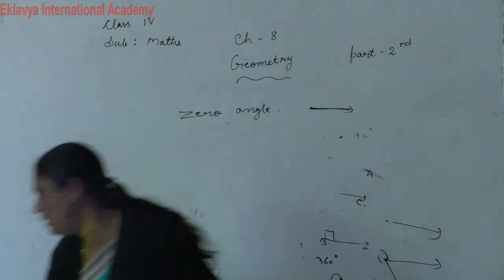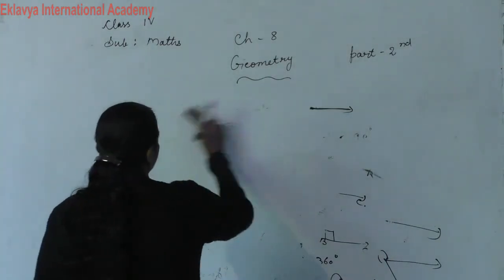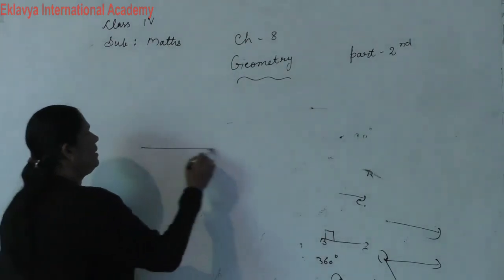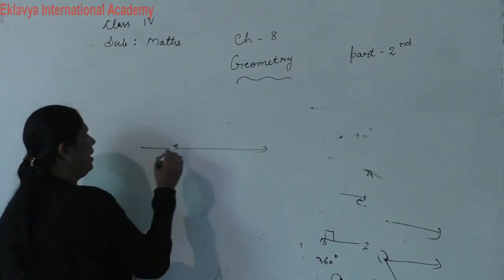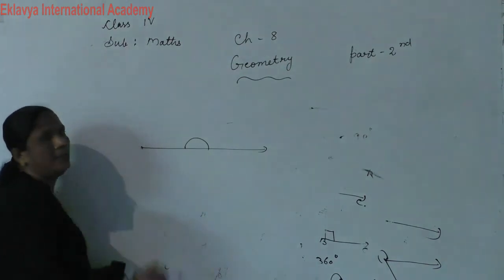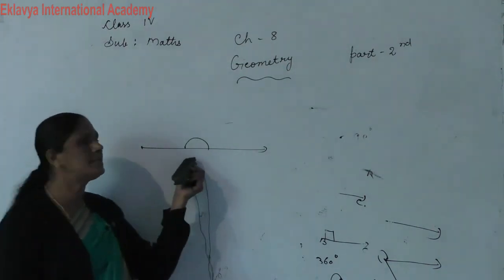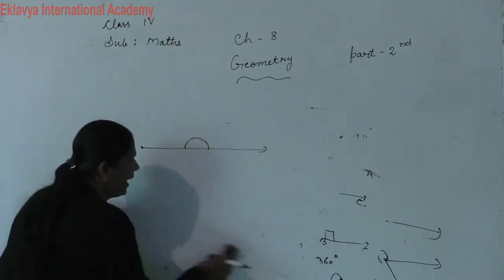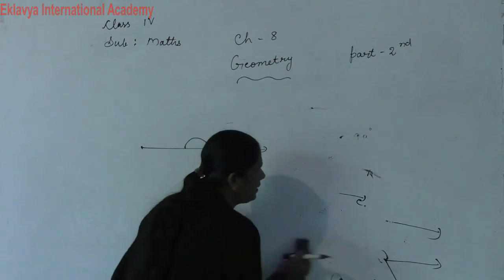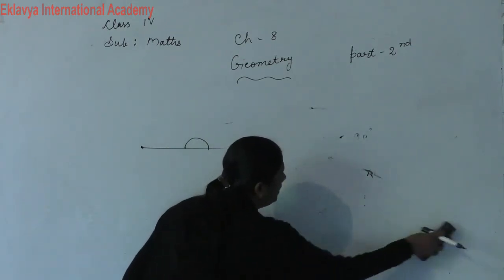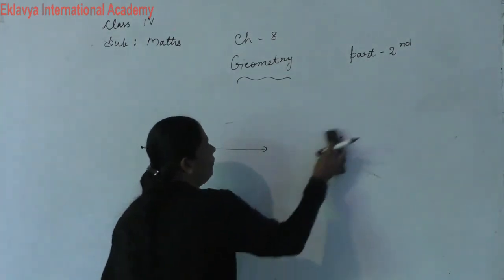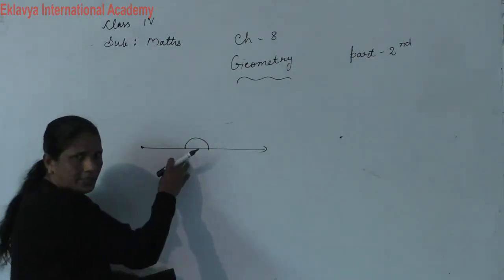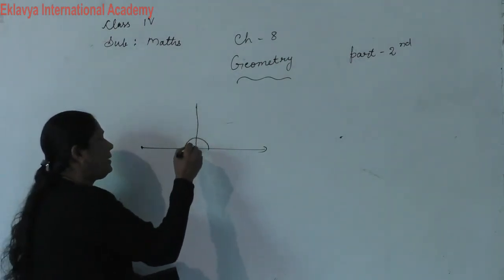Then, how many right angles make a straight angle of 180 degrees? Two right angles.